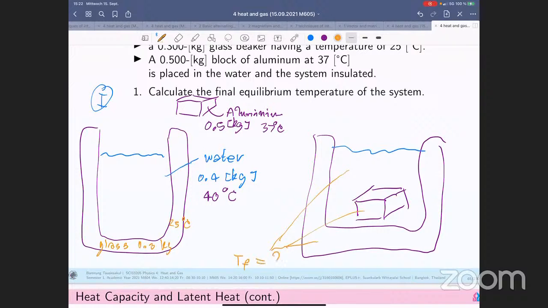What is the value of TF? Okay, in the second situation, in the equilibrium state. Assume that there is no heat loss at all in this system, so we have to solve this.